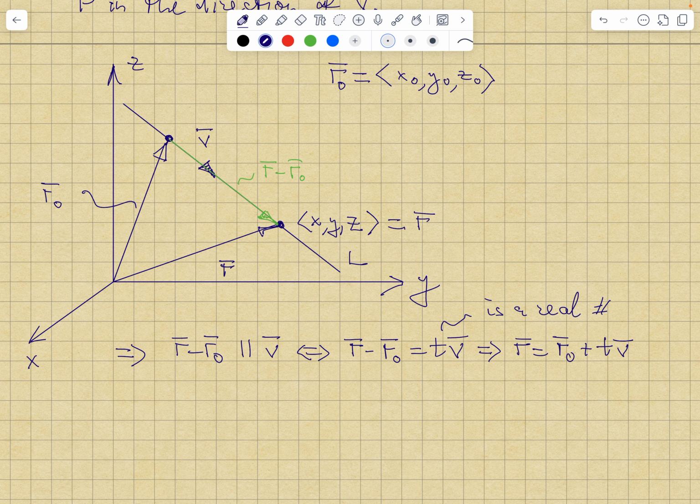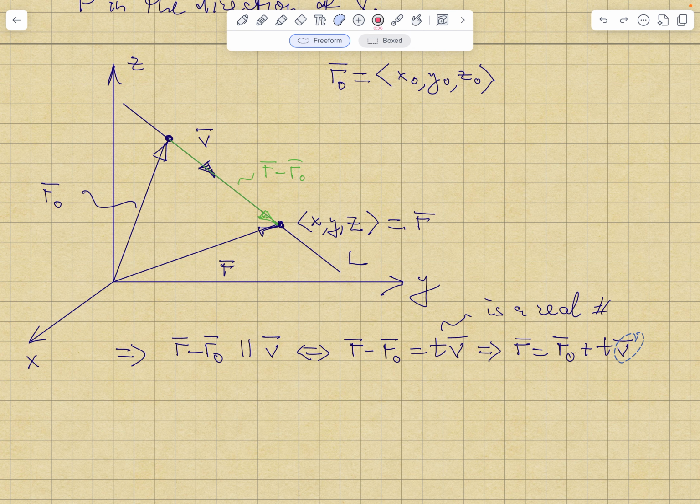If I think of r0 as some position in space, and v as a constant velocity, then to figure out my position at a time t, if I travel along this line, I need to take my original position, r0, and add velocity times time.